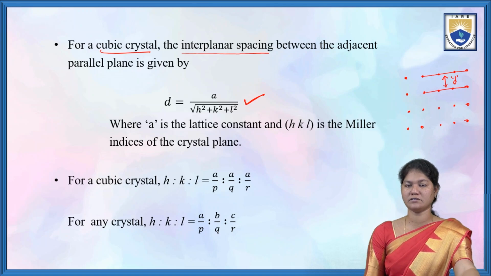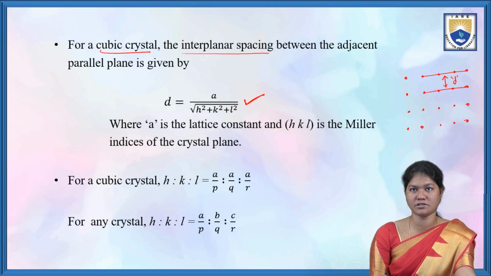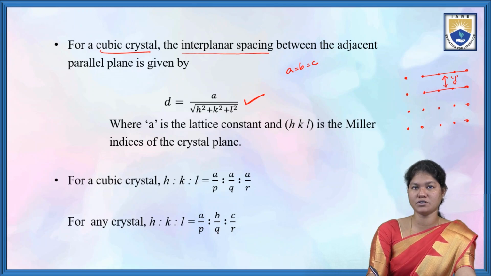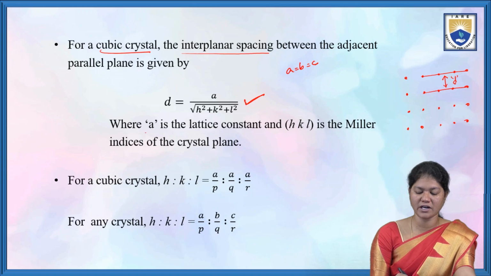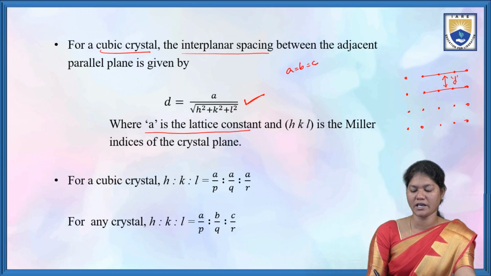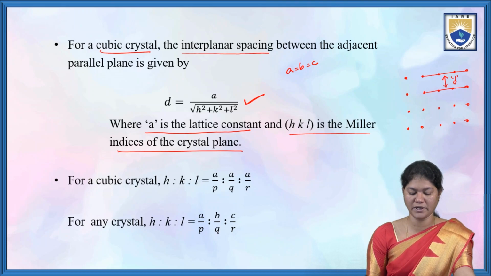But for others, it would vary. As a cube has the same dimensions, a equals b equals c, so all the dimensions are the same. So d equals a by root of h square plus k square plus l square, where a is the lattice constant and h k l is the Miller indices of the crystal plane.